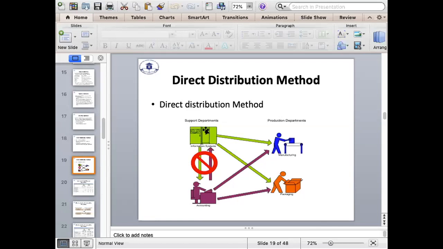So you can see that information systems, which is a service department, provides service to the production departments. That department does not provide service to the accounting department.